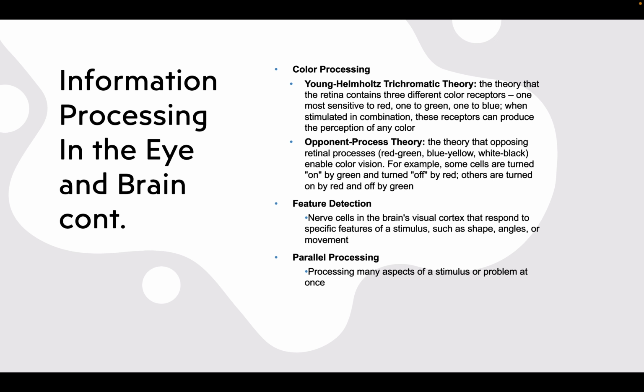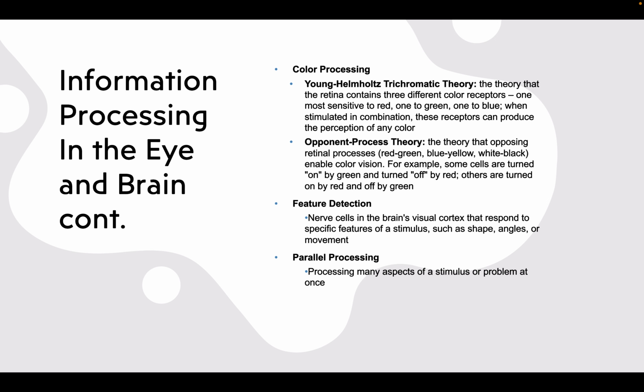The opponent process theory is the theory that opposing retinal processes, red-green, blue-yellow, white-black, enable color vision. This falls more along the lines of how we understand color blindness, like there's red-green color blindness, that sort of thing.